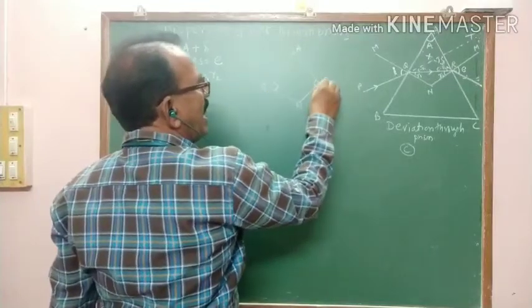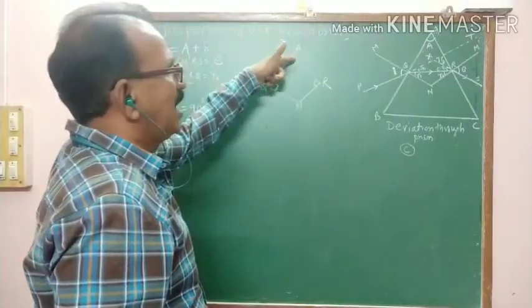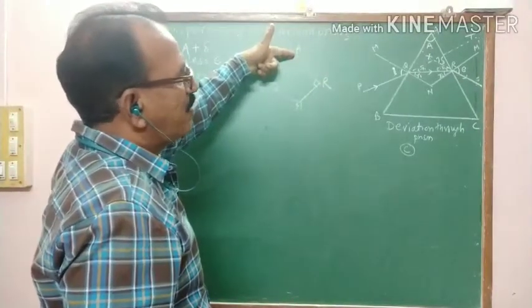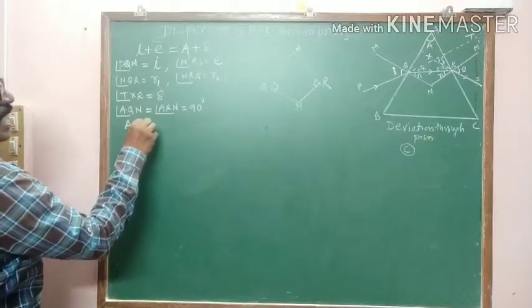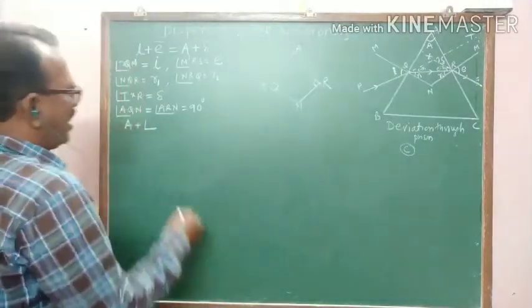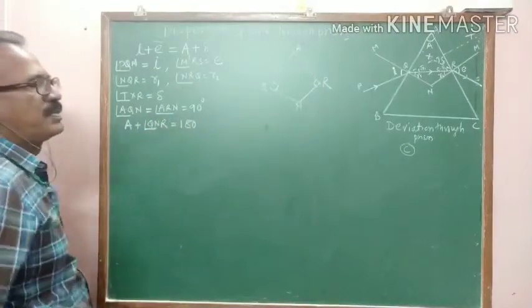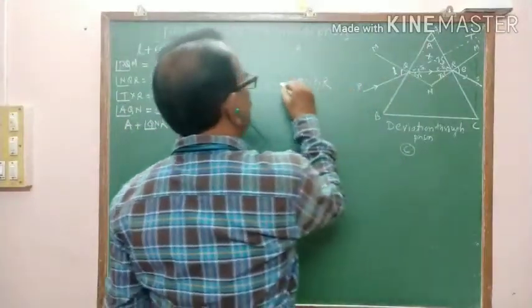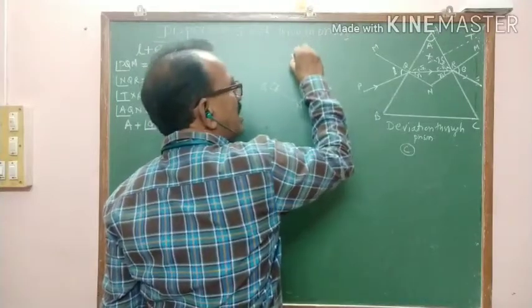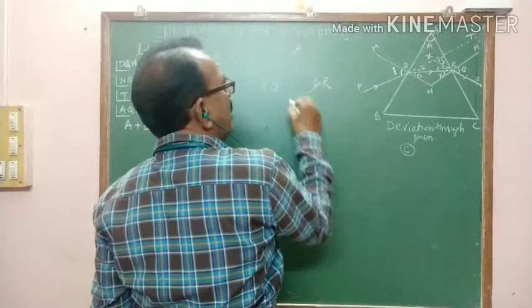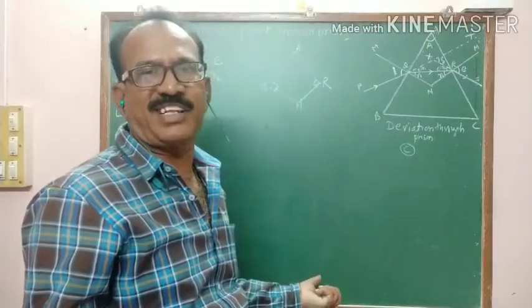When Q and R are 90 plus 90, that is 180, then angle A, the angle of the prism, plus angle QNR is equal to 180, because the sum of the angles of a quadrilateral is 360.